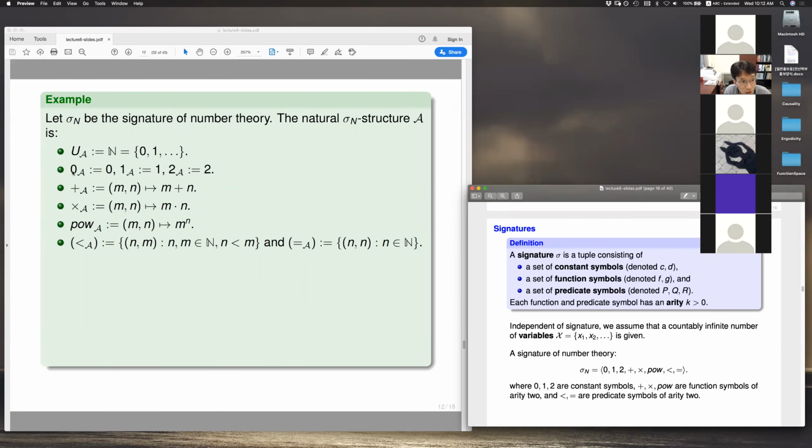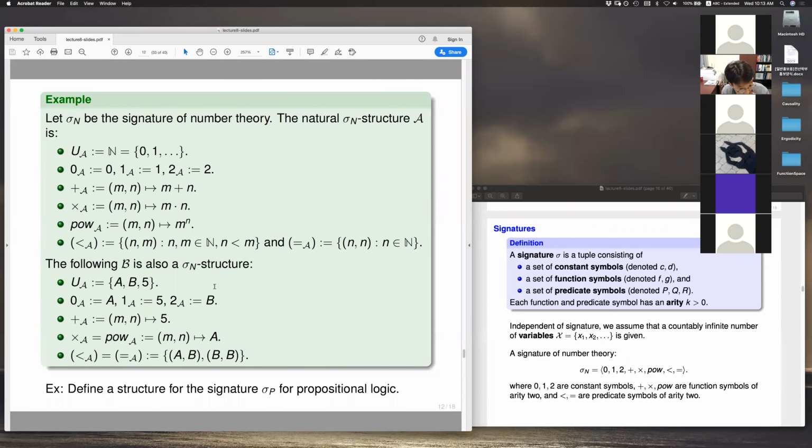In the signature, we just have a bunch of symbols, which don't mean anything. Here, we are assuming the mathematical notions of 0, 1, and 2 that we are familiar with, and we are mapping symbol 0 into the mathematical object 0, the plus sign into the mathematical plus operation, and so on. So this is a standard structure, but there are some non-standard ones we can define.